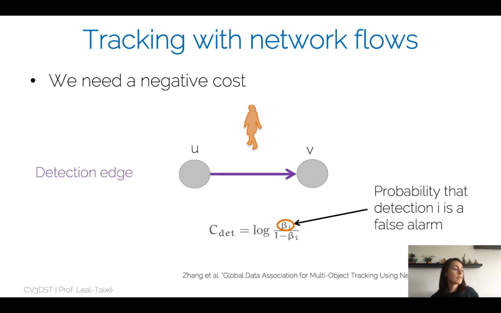The idea is that the more confident the detector is that this is a pedestrian, the more negative the cost for the detection edge is going to be. A very negative cost means that this detection edge is going to be very, very useful for the algorithm, because it's going to allow it to make a lot of connections.